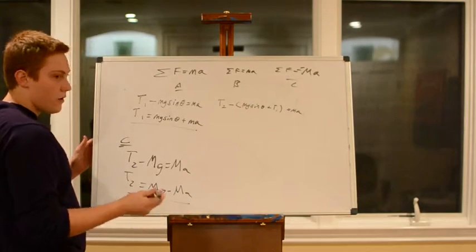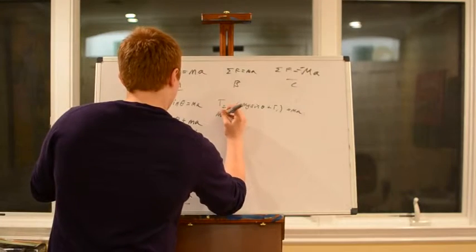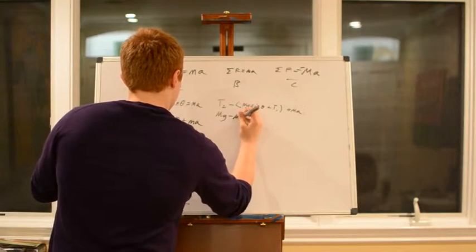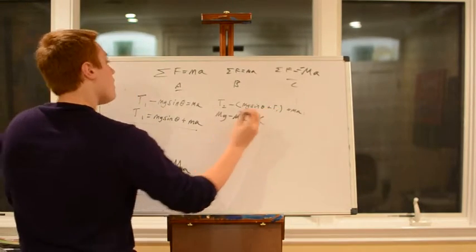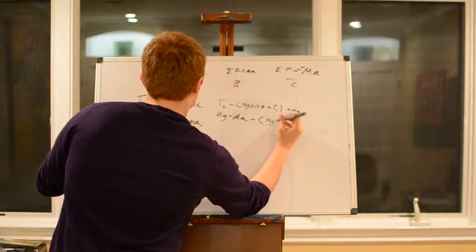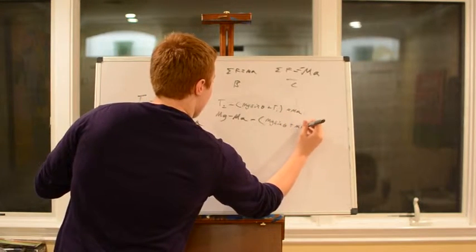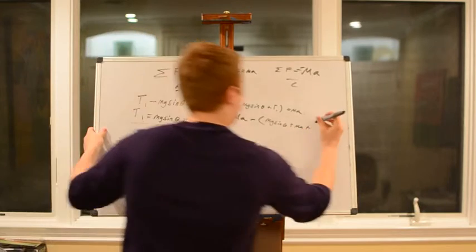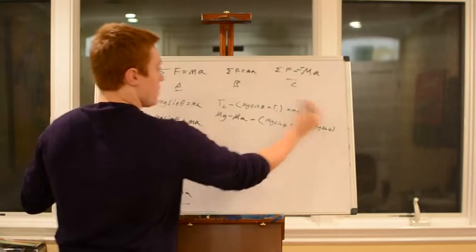So this is going to be quite a bit of algebra, so it's always good to keep track of your variables. So T2 is going to be a positive Mg and a negative Ma, minus, all this stuff is in parentheses, so don't forget that, little mg sine theta plus Ma plus another mg sine theta. That's going to be all equal to Ma.